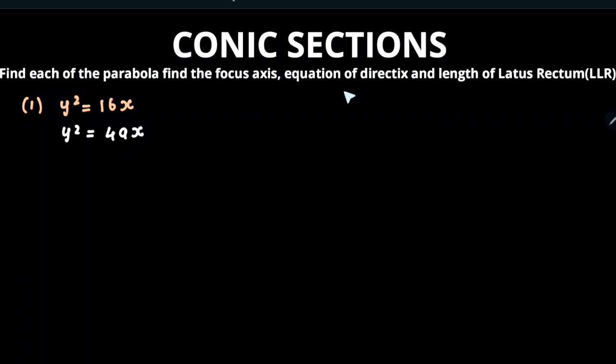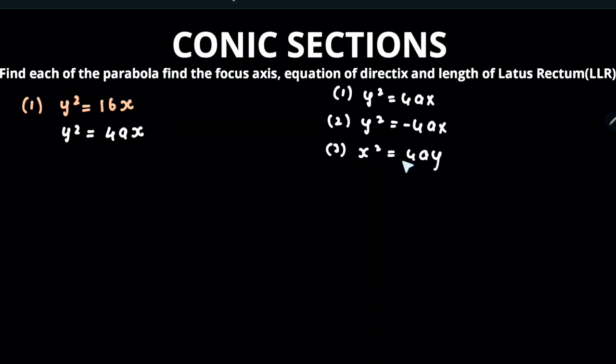If you want, I'll write all the forms for better understanding. 4ax. Second one is y square is equal to minus 4ax. Third one is x square is equal to 4ay. And fourth one, x square is equal to minus 4ay. So here, as 16 is positive, we have chosen this equation. Next, they've asked us to find the focus.